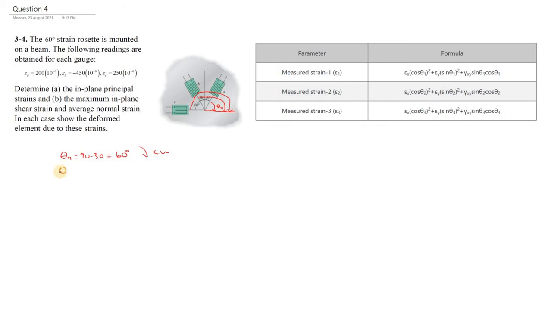And same for our theta B, we have the 90 degrees plus 30, which is 120. And for theta C, 180, right? Again, clockwise, all of them.